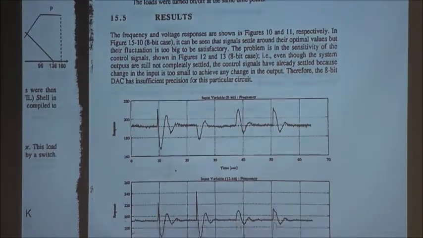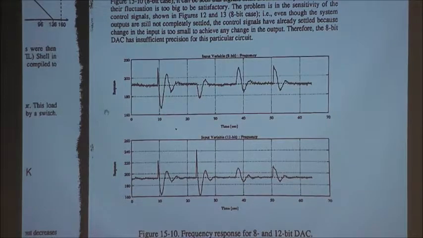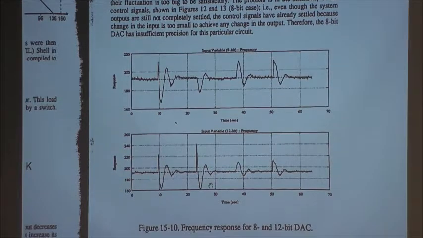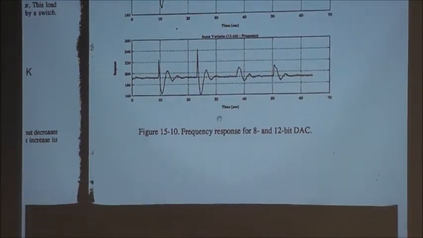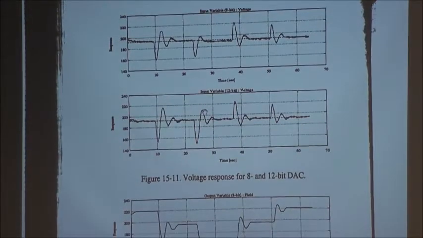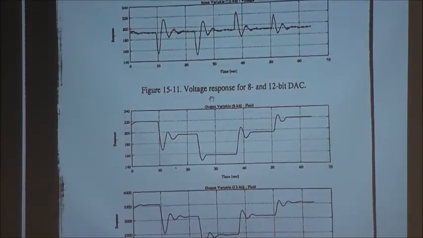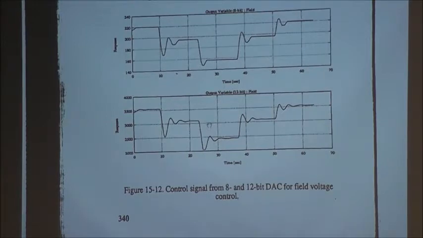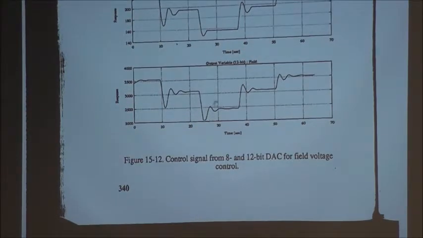This is the actual experimental result of the frequency response for 8 and 12-bit, 2 different kinds of converters. Okay. More of that, voltage plots and control signal plots. Okay.